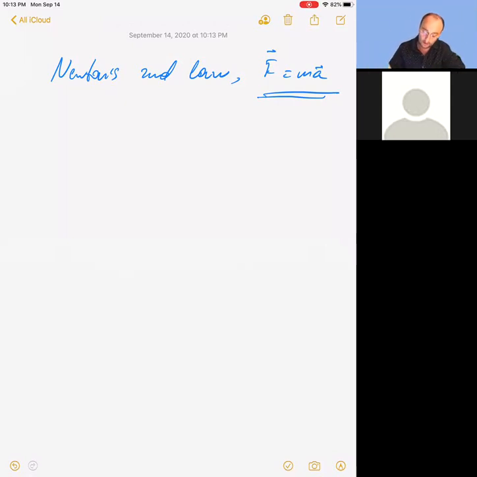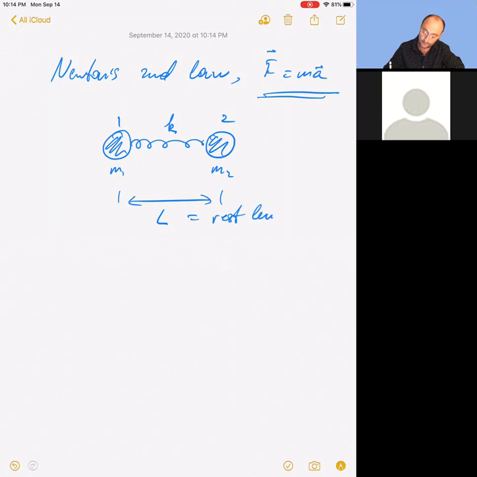So consider the following mechanical system. You have two masses on a spring, right? So this is object one, this is object two. It has mass one and this has mass two. And there is a spring with spring constant K, and the spring is described by L, the rest length of the spring.